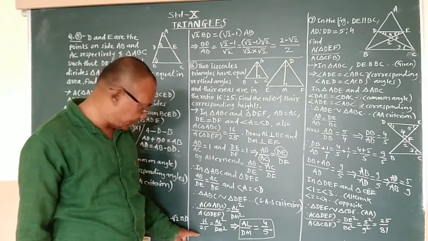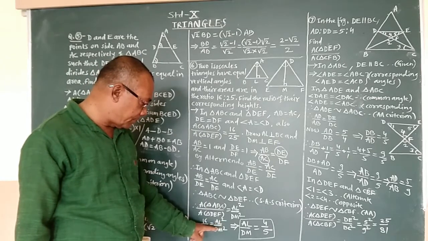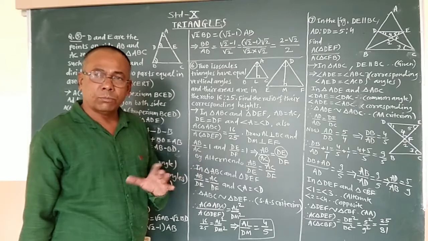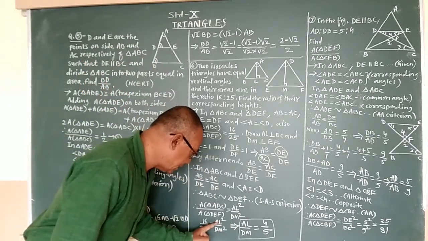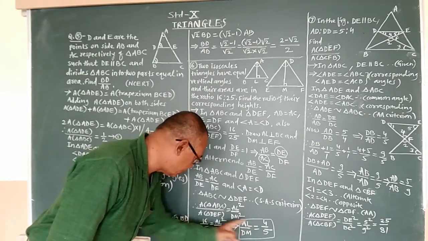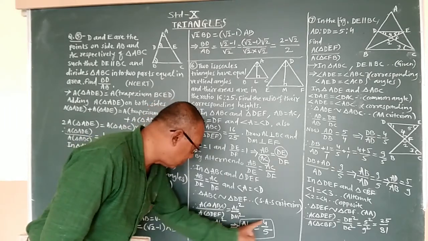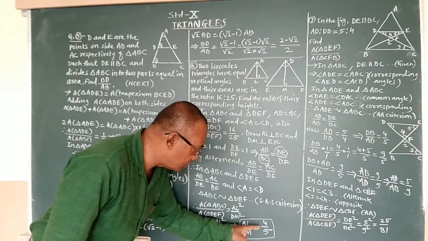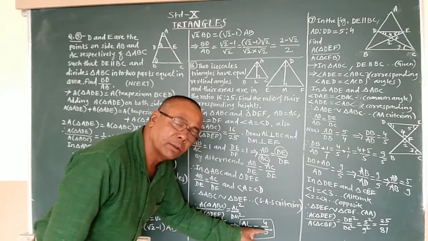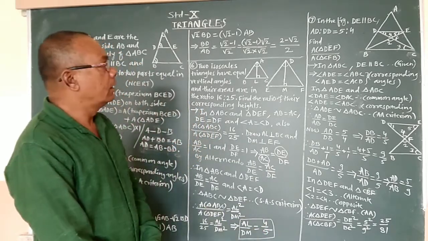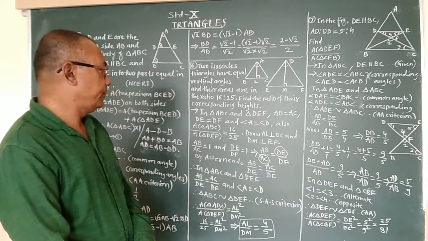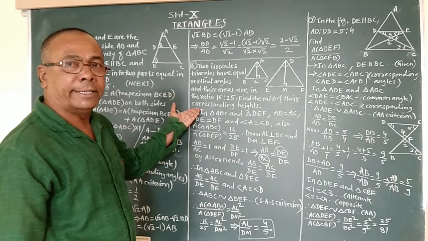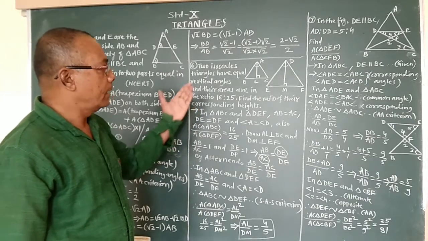So 16 upon 25 is equal to AL square upon DM square, and now taking square root on both sides, we will get AL upon DM is equal to square root of 16, which is 4, and square root of 25, which is 5. So AL upon DM is equal to 4 upon 5. In this way we have found the ratio of their corresponding heights or altitudes.